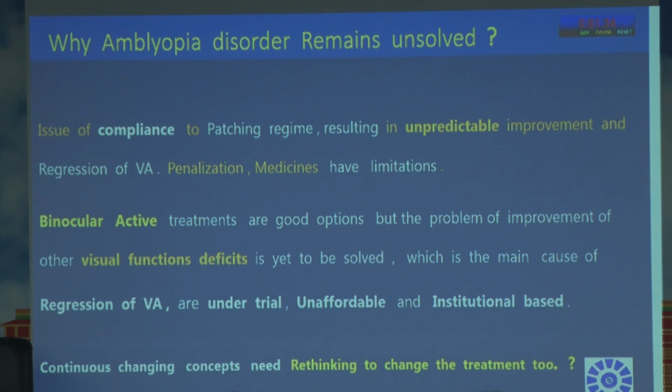Penalization medicines have limitations. Binocular active treatments are good options, but the problem of improvement of other visual function deficiencies is yet to be solved, which is the main cause of regression. Why the regression occurs, I am going to tell you today. They are under trial, unaffordable and institution based. The continuously changing concept needs rethinking.